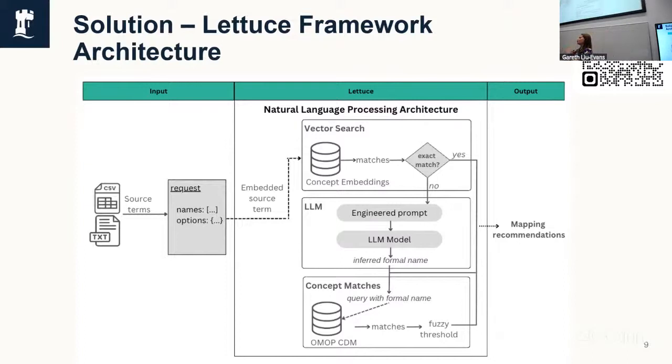And if none of the suggestions given by the vector search fit, it can suggest something else. So we have 3 steps by which we try to identify the codification. And then we provide the mapping recommendation. We don't provide a single solution, we provide a list of the top K most suitable codifications, and we let the data engineer decide.